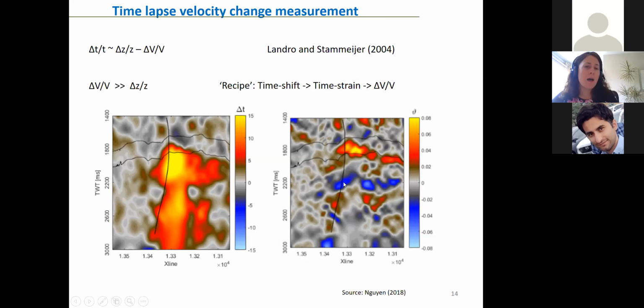Great. But we also have these anomalies below, like hardening and softening signal, which don't really make sense if you know the field and you know the engineering of this field. So Nguyen, who was one of the PhDs I worked with, actually explained that this is all due to time shift measurement artifacts.